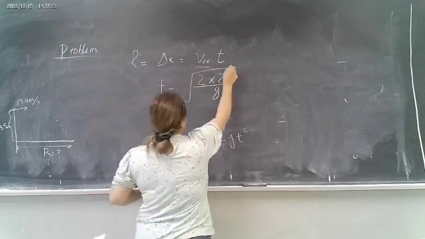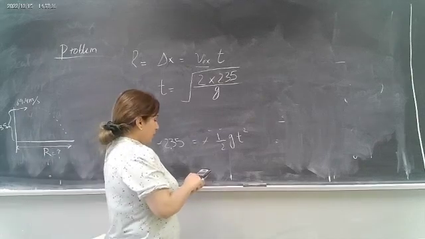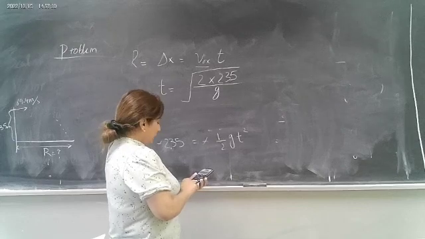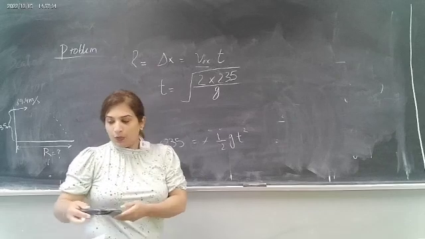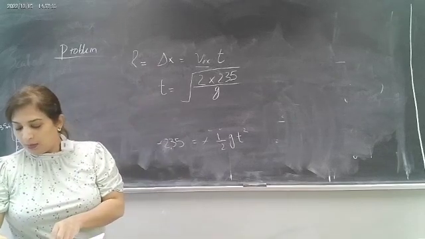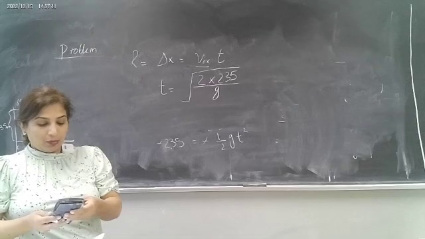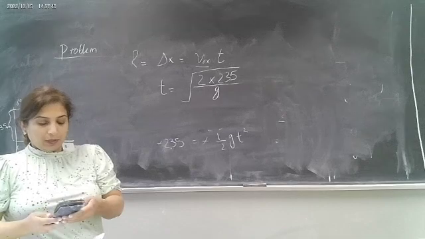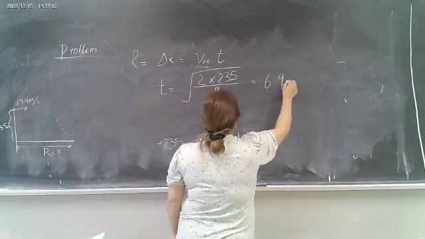You can use your calculator to find that out. 235 multiplied by 2 divided by 9.8 gives me 47.9, and then square rooting it gives me 6.9 seconds.